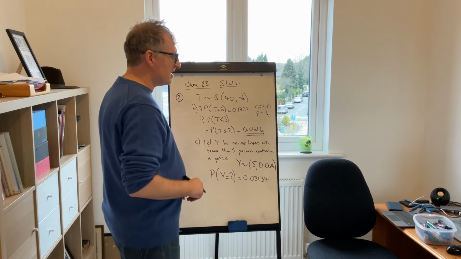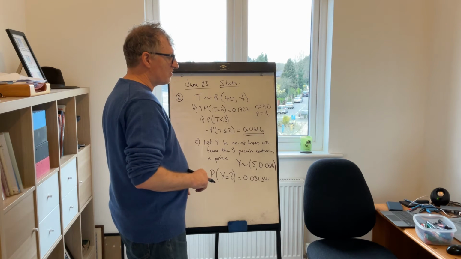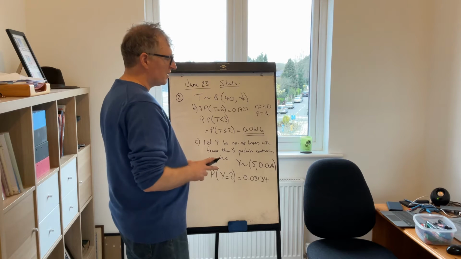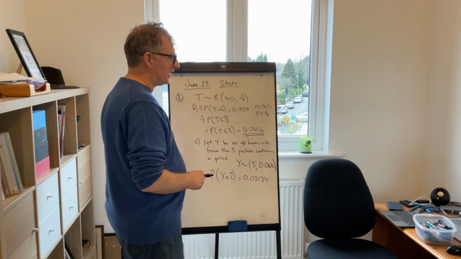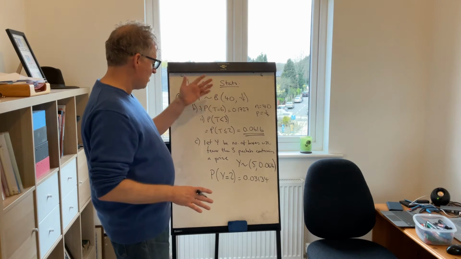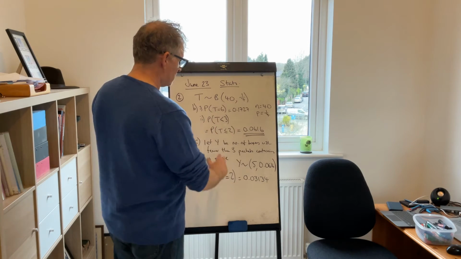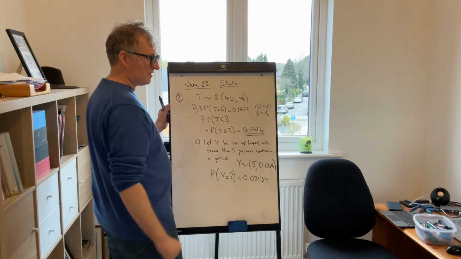I think they accepted anything in the range 0.0313 to 0.0314. There we go. Okay, so, all done. Nice simple bit of binomial. They like the binomial of a binomial, so look out for that one, using that probability in there.